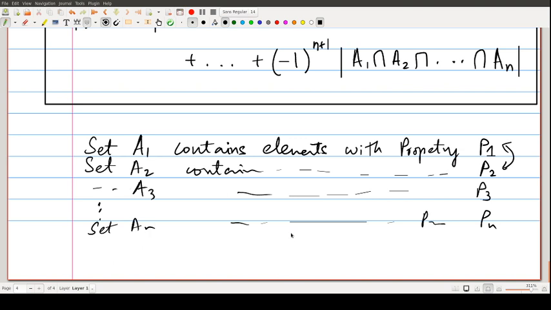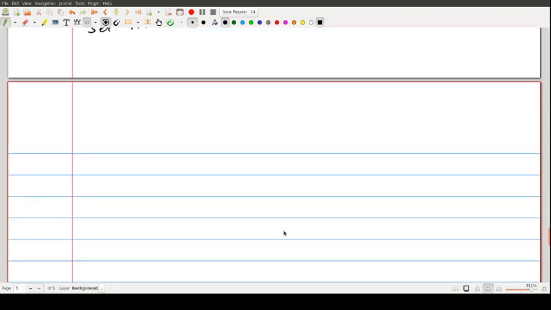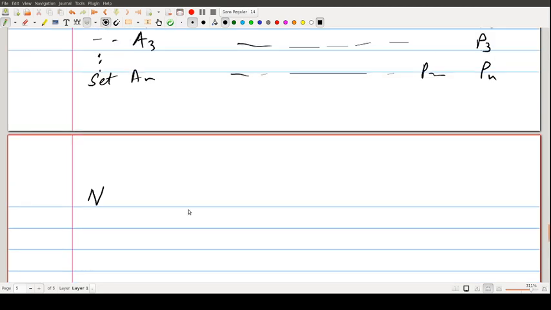And so if I want to look at the total number of students, then what I'm looking for is students that have property P1, property P2, property P3, and so on up until Pn.